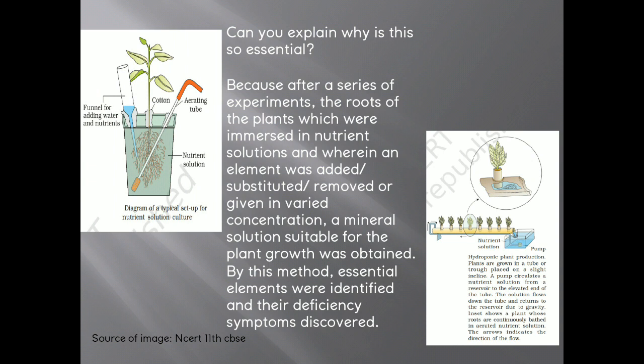Here, the plants are grown in a tube which is slightly tilted, that is inclined, and a pump is used which circulates nutrient solution from the reservoir to the elevated end of the tube. The solution flows down the tube and returns to the reservoir due to gravity. In this whole setup, the roots are allowed to continuously bathe in aerated nutrient solution.